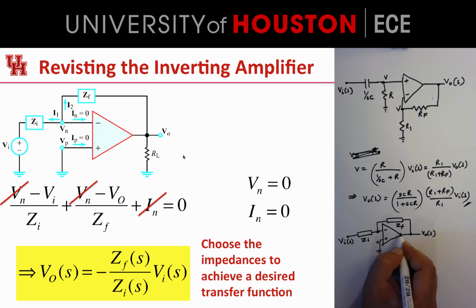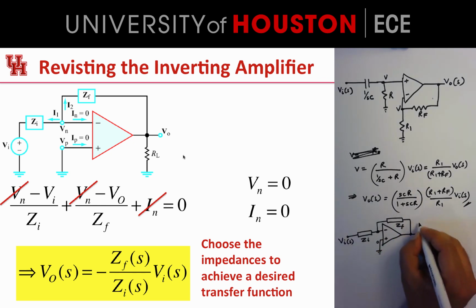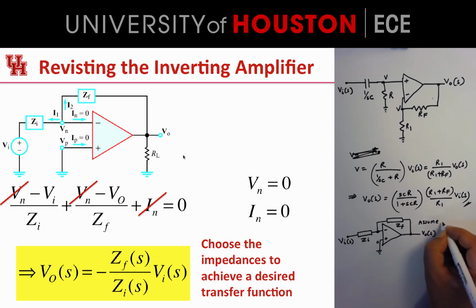And we have negative feedback here. I'll say a bit more about that. So for now, we'll assume that there is negative feedback, that this impedance has some resistive component to it, so that there is some negative feedback.